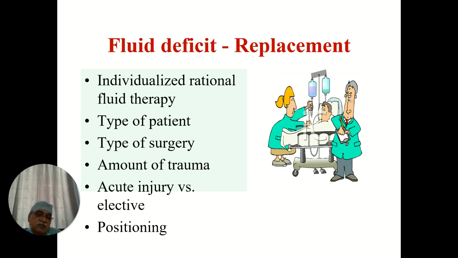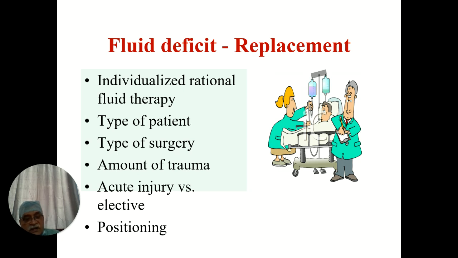Type of surgery the patient is going to have. In endoscopic surgery there is not much operative loss from the surgical wound site, whereas in open surgery there is a lot of trauma. Surgeries are divided into three types: mild trauma, moderate trauma, and severe trauma, depending on the site and size of the surgical incisions, and the calculations will differ.